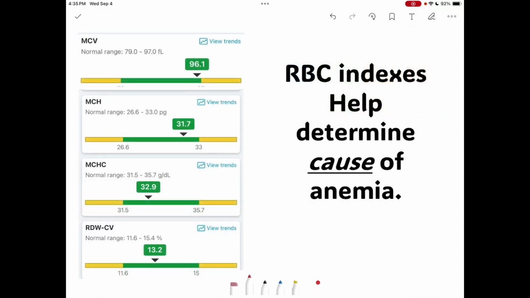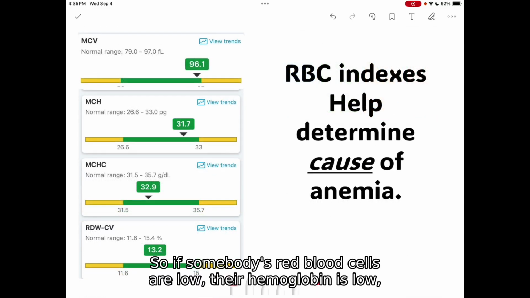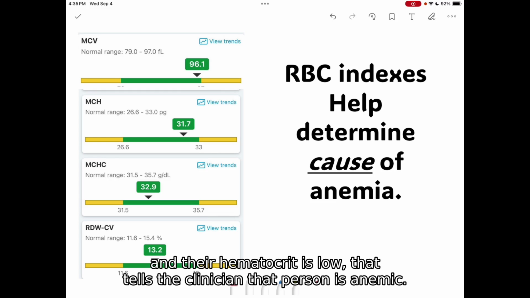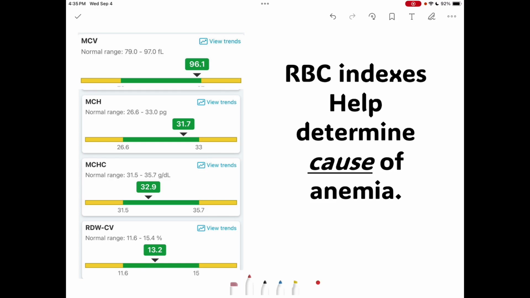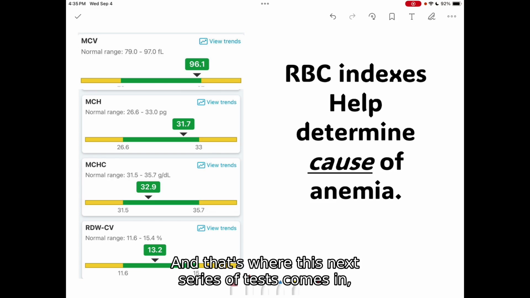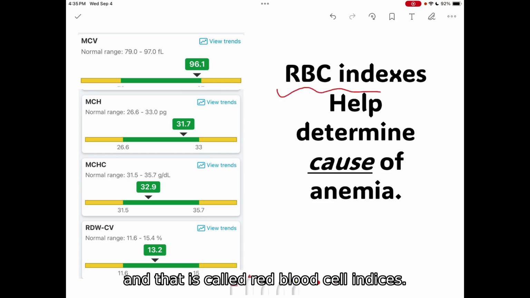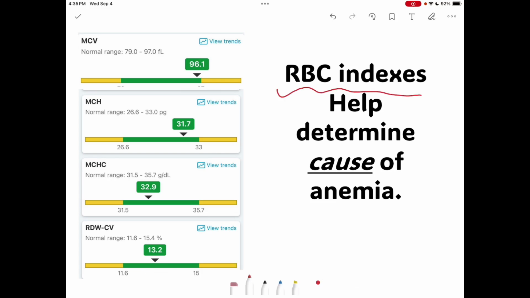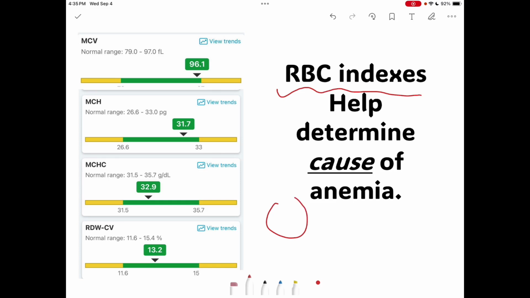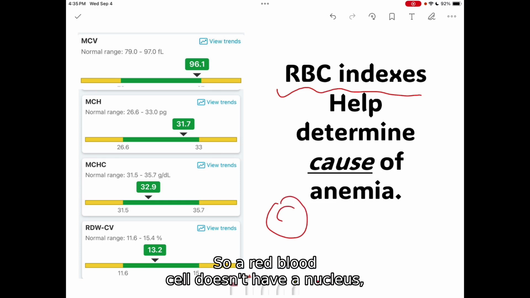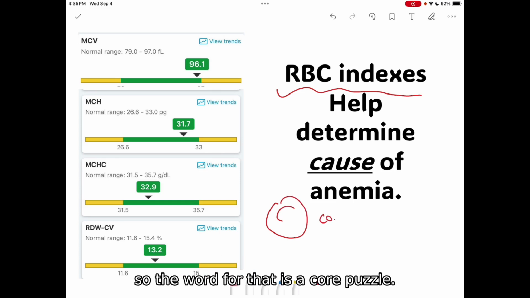So if somebody's red blood cells are low, their hemoglobin is low, and their hematocrit is low, that tells a clinician that person is anemic. The next question is, why are they anemic? And that's where this next series of tests comes in, and that is called red blood cell indices. You don't need to know these, but I'm just going to tell you what these are. A red blood cell doesn't have a nucleus, so the word for that is a corpuscle.